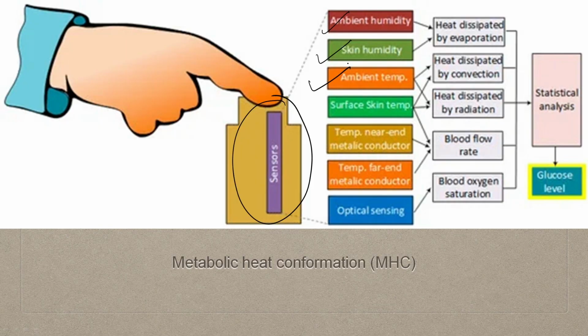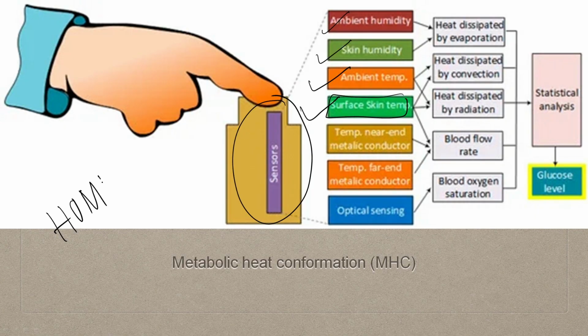Then comes the ambient temperature, that means the surrounding. I am standing in this room, which has a temperature probably of 24 degrees centigrade, versus am I sitting at 42 degrees centigrade. So, for the ambient temperature and skin surface temperature, you have to have a thermometer telling you the temperature of your body with respect to the surrounding, because that will also determine how much metabolism the body has to do to maintain its homeostasis, means the balance of all the parameters.